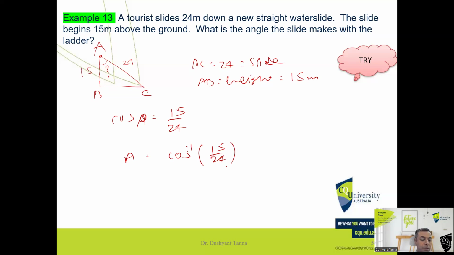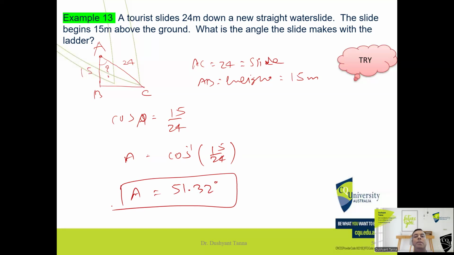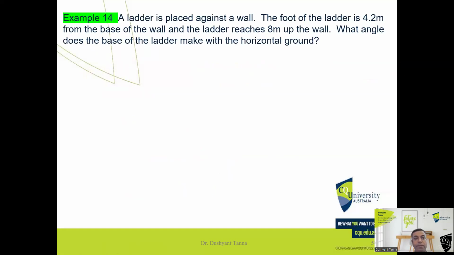Cos inverse 15 over 24 is 51.32. Yeah. That's the angle. One more. There are two more actually.